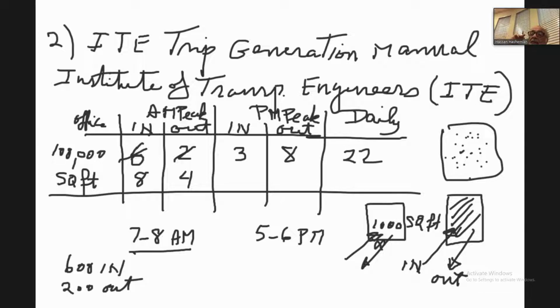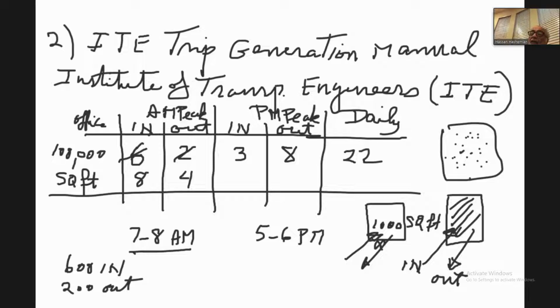Because I teach an advanced class of this planning, which is 5750, and we do a lot of analysis, so we use the trip generation manual. Students usually Google to find those rates because the book is costly to buy.